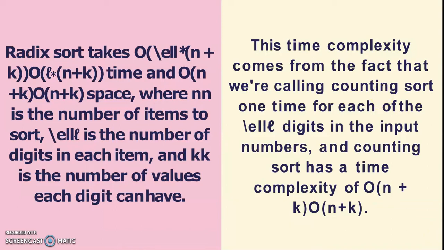This time complexity comes from the fact that we're calling counting sort one time for each of the L digits in the input number, and counting sort has a time complexity of big O of n plus k.